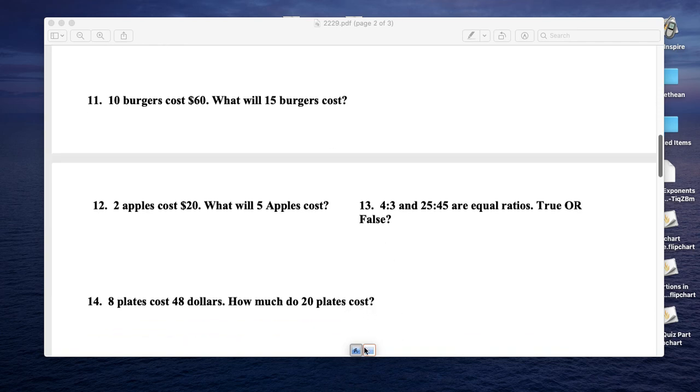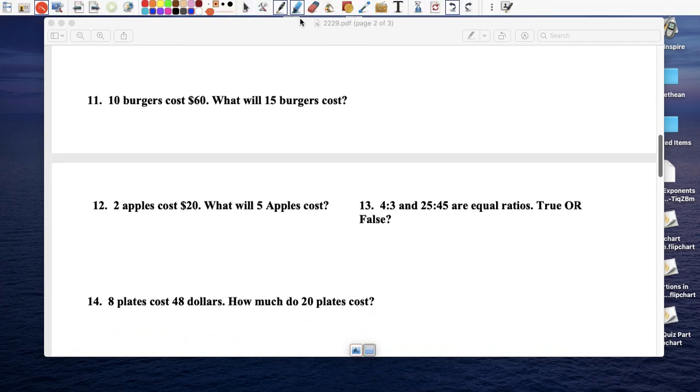$11. 10 burgers is $60. 15 burgers is how much, right? So this one we can cross multiply. And let me put an x over here.